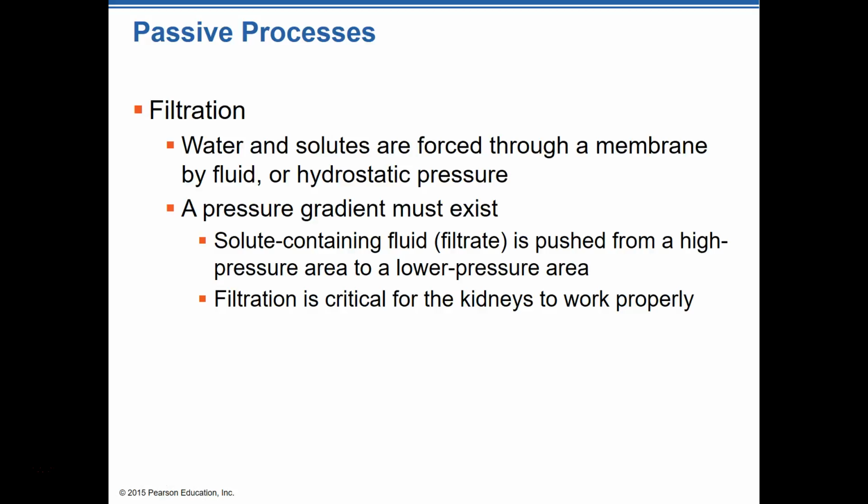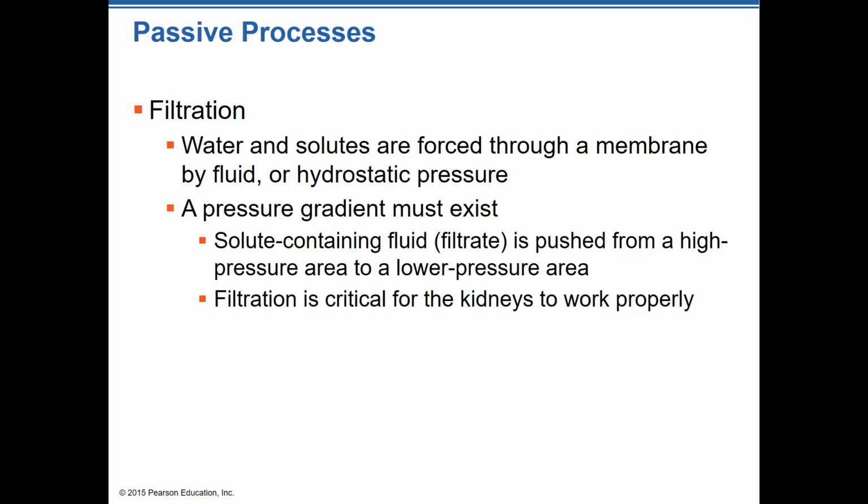Water and solutes can be forced through a membrane by fluid or pressure that we put on it. So pressures play a role in how water and solutes can be moved through a membrane. When we have a higher solute concentration and a lower concentration, Saul didn't really mention this, but we do kind of create a pressure gradient.